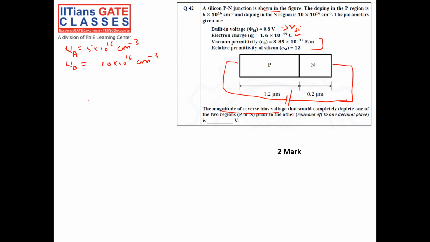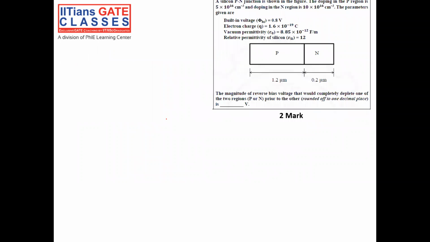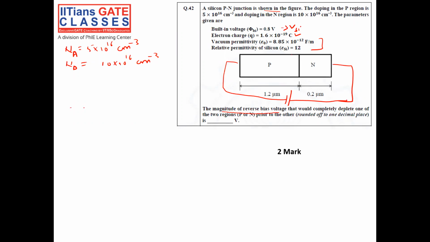So if I see the semiconductor here, let me draw it here; I have space. This is P type, this is N type. There will be some built-in electric field, and this is called the depletion width.